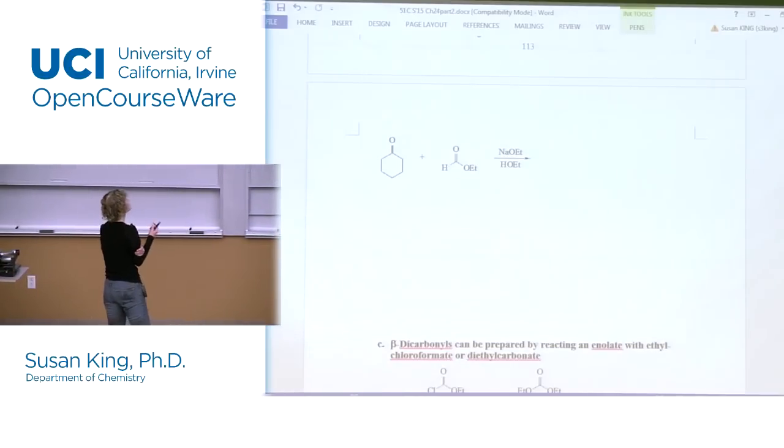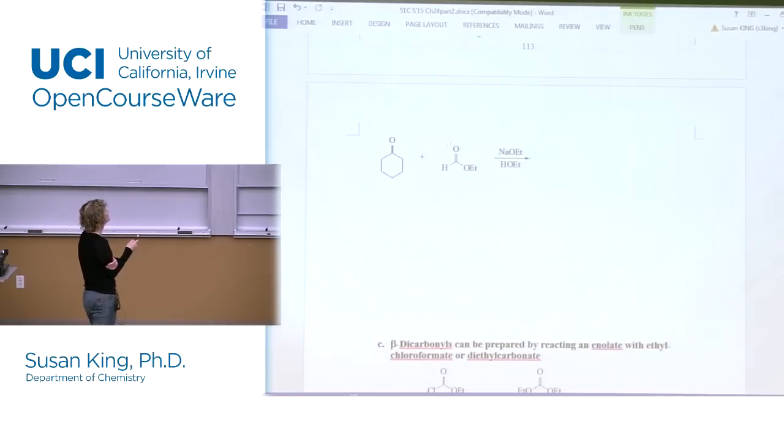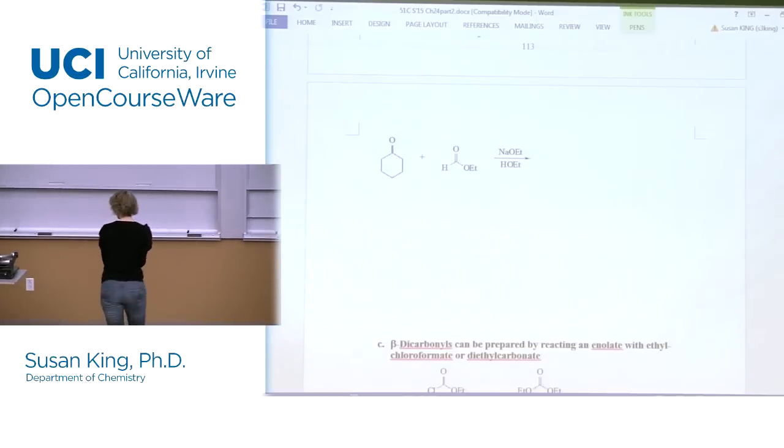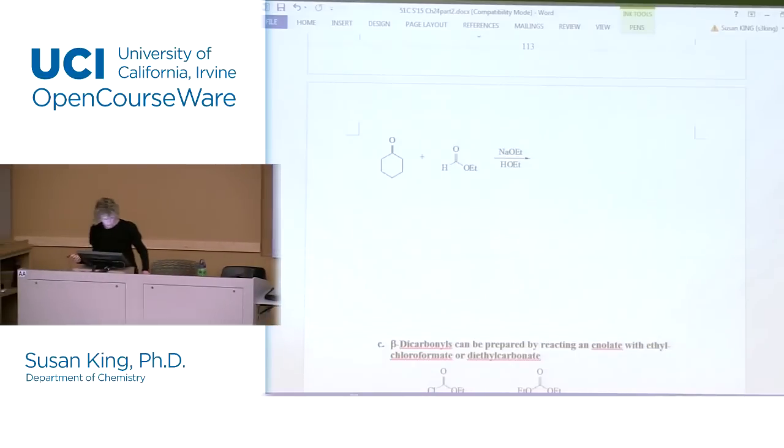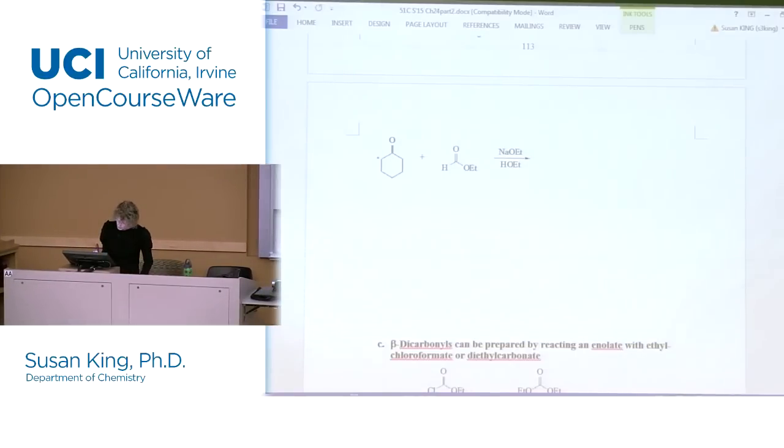Okay, so let's see what's going to happen here. Do we have any enolizable hydrogens here? No, we have an enolizable hydrogen here. Fortunately, this is symmetrical, so there's only one enolate we can form from that compound. So let's label that one. Either side, I'm going to go here. Enolate will form here.